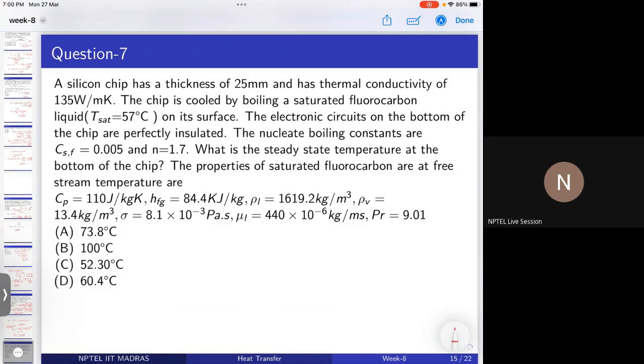If we go beyond that point, it can damage the surface or lead to its melting. So before designing a two-phase device which involves boiling, it's very important to find out the critical heat flux. We should not give a heat input above this critical heat flux. I hope it is clear.